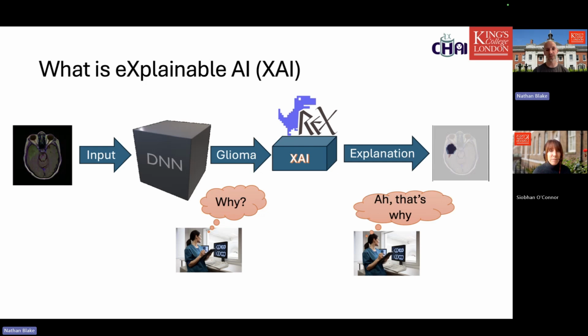In this particular instance, this is what a Rex explanation will look like. It just finds the subset of pixels which cause this particular image, with this particular AI model, to be correctly classified as glioma.